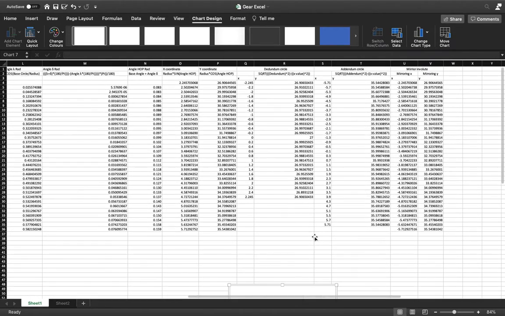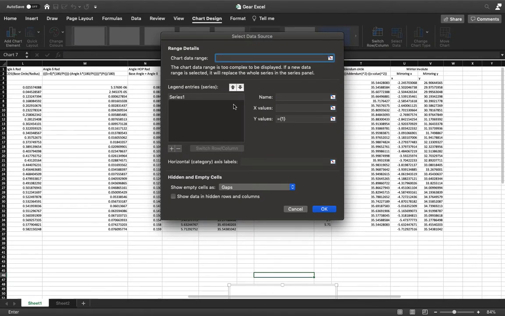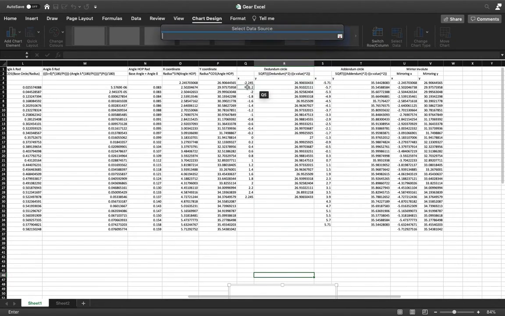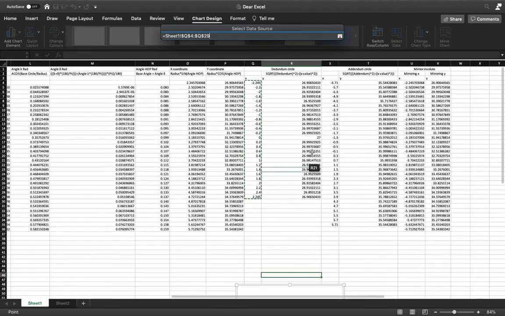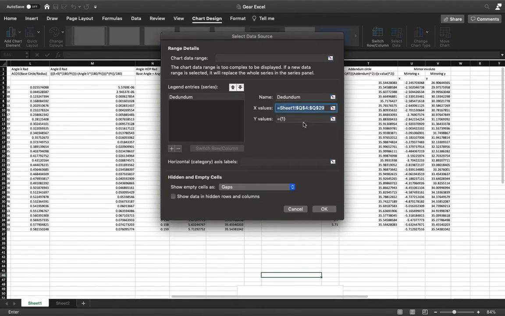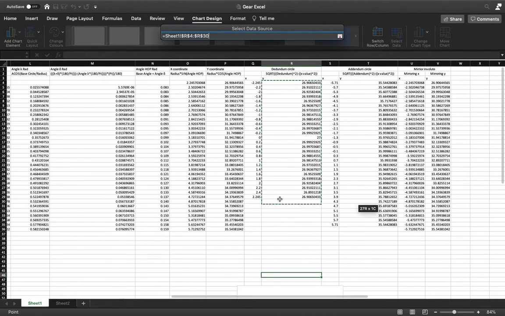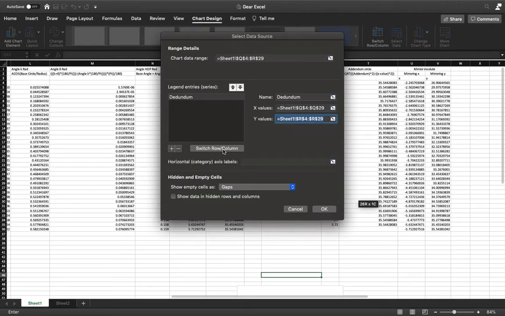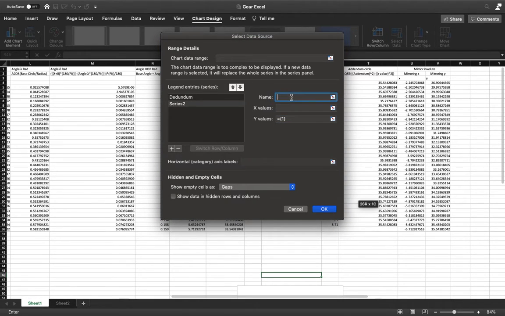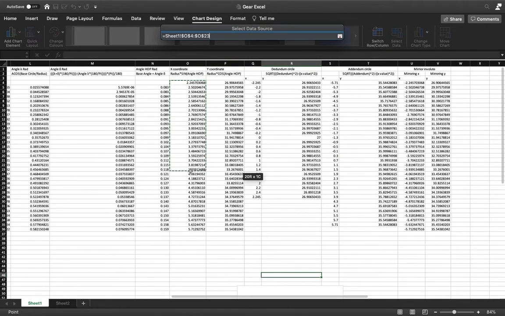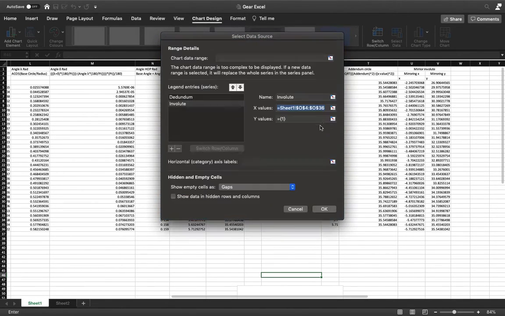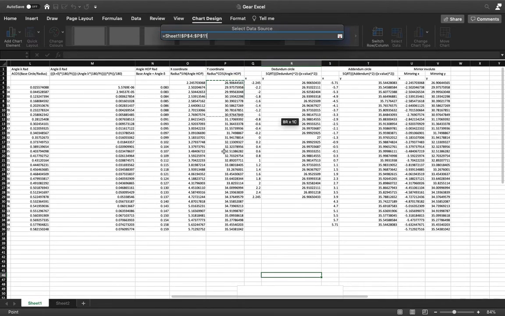obstructing our work again. Dedendum. Yeah, the X values. Here is the Y coordinates. Yeah, involute. It's right here. The Y coordinates of the involute.